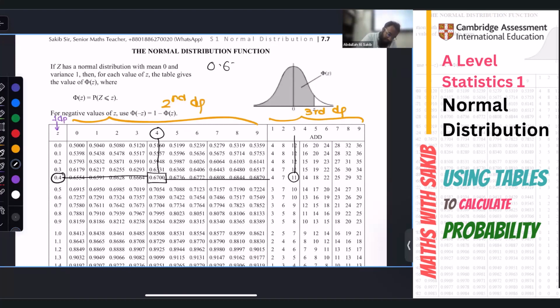So 0.6700 plus 0.0011 is 0.6711. That's all. Isn't it easy? Super easy. Next. Baba, Taposha, it will be like this: 0.0011, not 0.00011. Clear, Taposha? Okay, next.